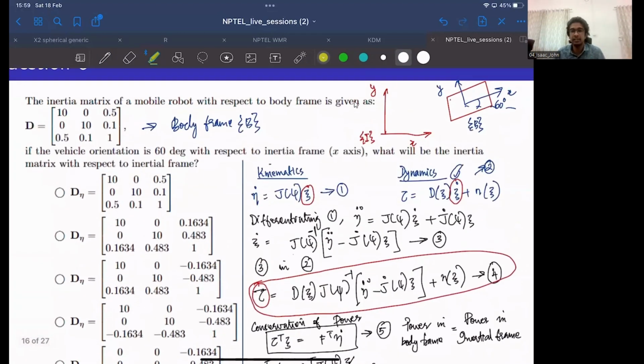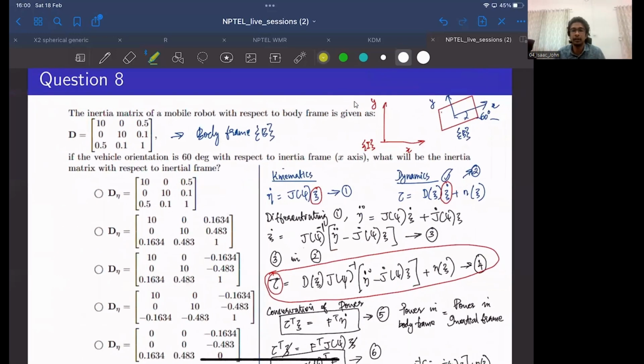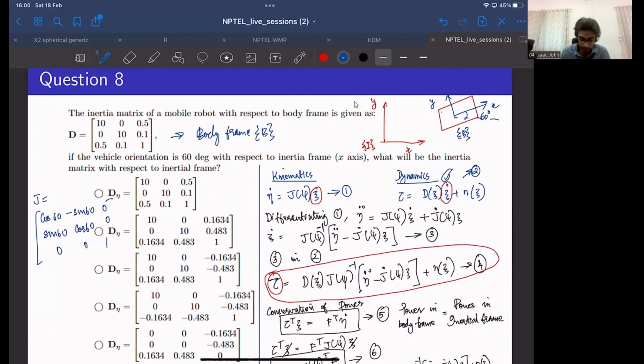In the question, it says the robot is oriented at 60 degrees with respect to the x-axis of the inertial frame. So what would your Jacobian matrix look like? Your Jacobian matrix J would be cos 60, minus sin 60, 0; sin 60, cos 60, 0; 0, 0, 1.